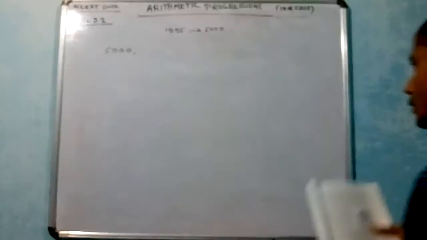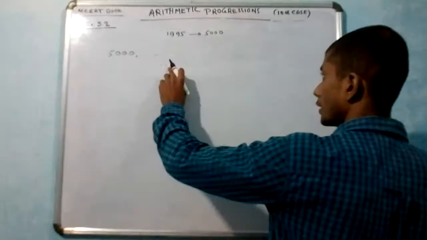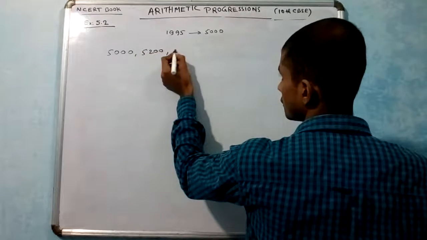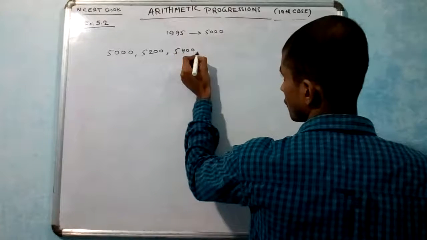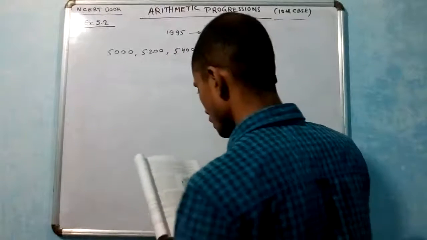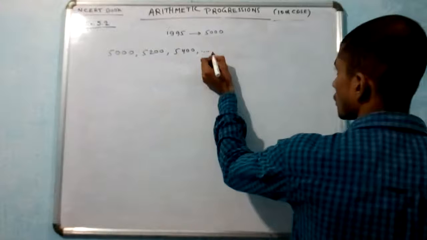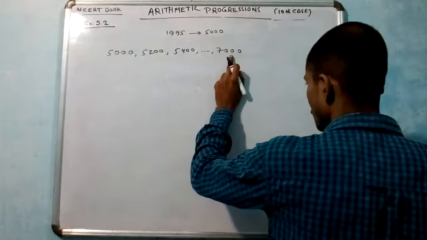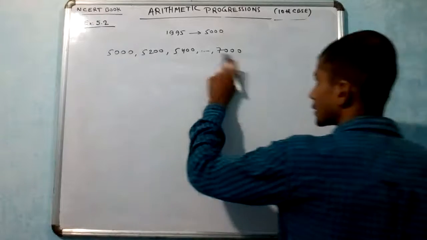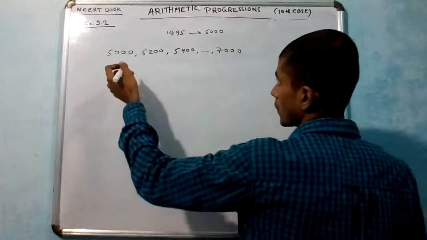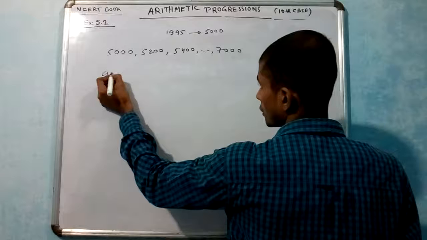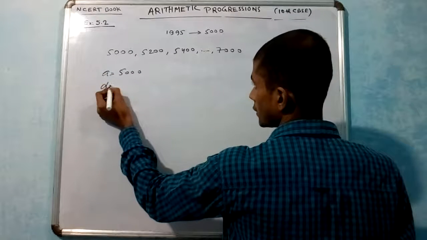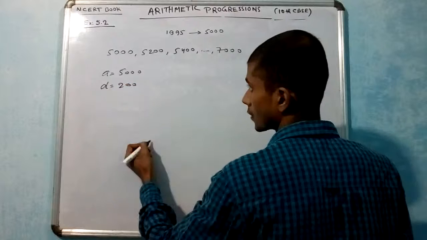Then 5,400, and so on until 7,000. 7,000 means which year? What is the place of this 7,000? And the D. So A is how much? 5,000. And D is 200.